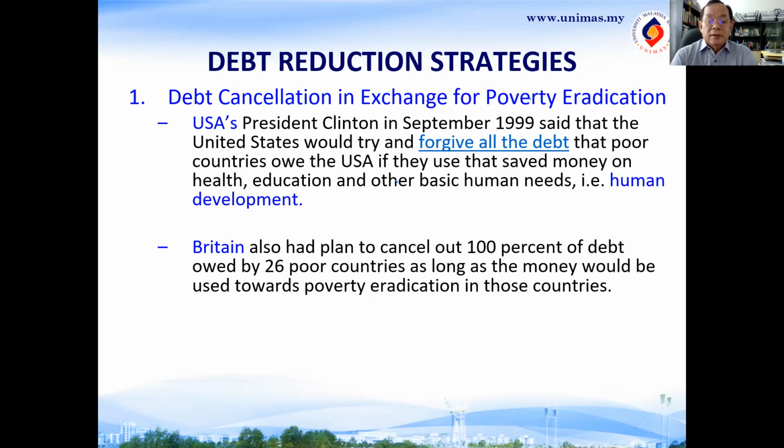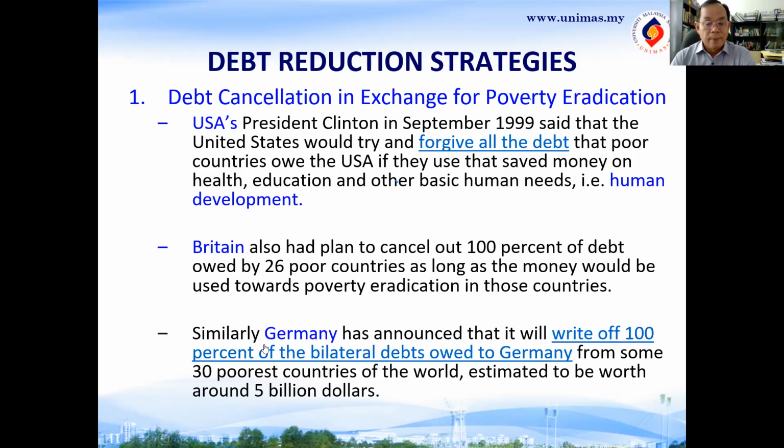Okay, willing to cancel out the debt. Ya, jadi kira hangus lah, tak payah perlu bayar, tetapi dengan harapan uang tersebut boleh digunakan untuk poverty eradication programs di negara tersebut.